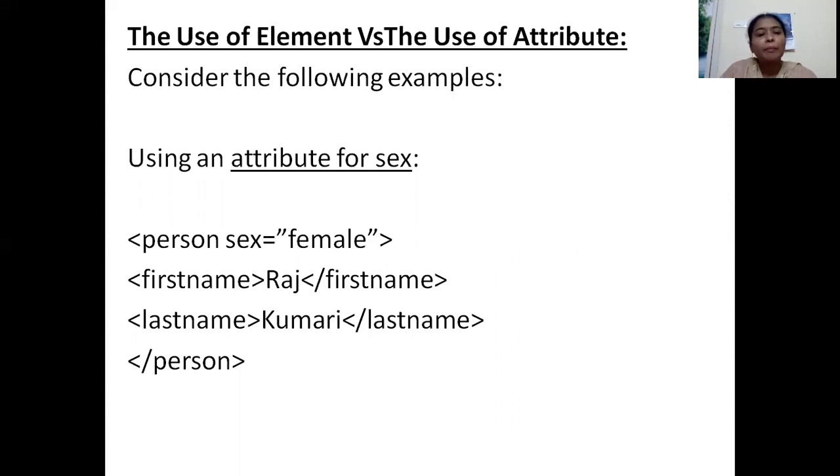If you see this example: person sex equals female, first name, last name. XML is not a predefined tag language, so we can use any tag as in our programming. Here person is an XML element and sex is an attribute which holds a characteristic value, that is female.